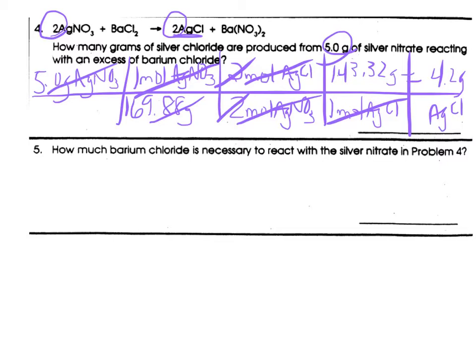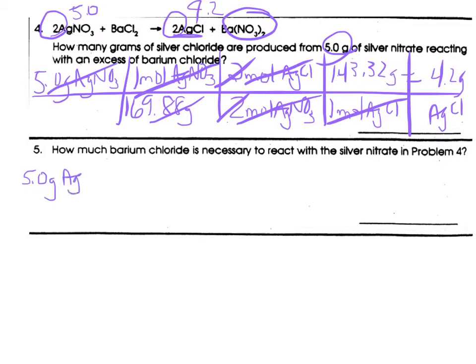Okay. Now, this one asks how much barium chloride we need, so I can't just subtract these two since I know this is 5, and I know that this is 4.2, because I don't know what this one is. So this one, there's no addition or subtraction we could do with law of conservation of matter to be able to calculate this one. So we're going to start with the 5.0 grams. I'll show you this 2 ways.